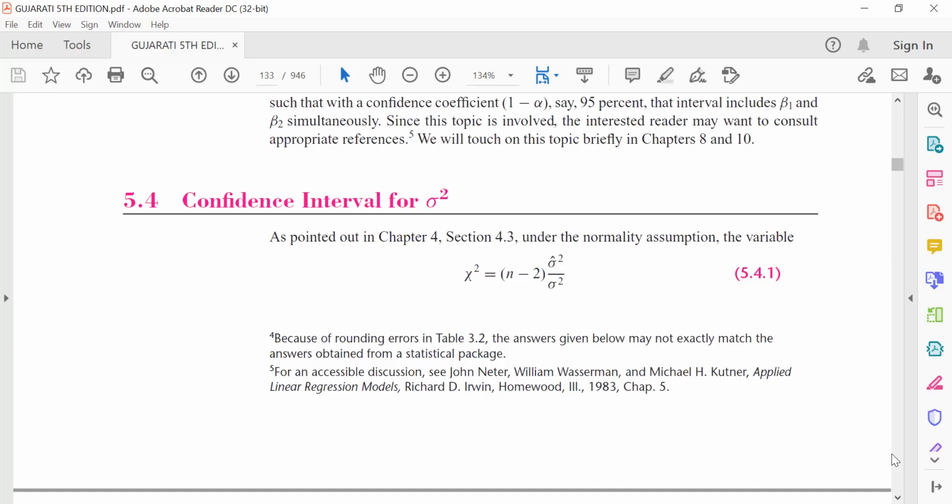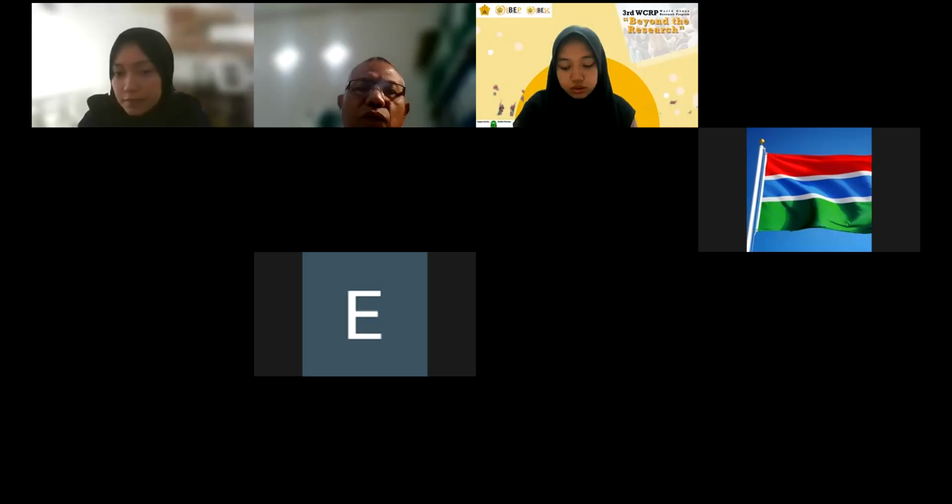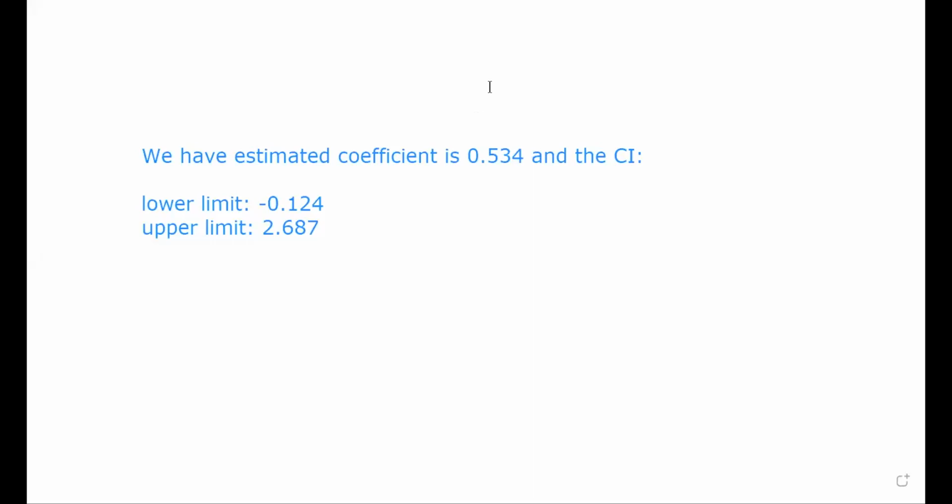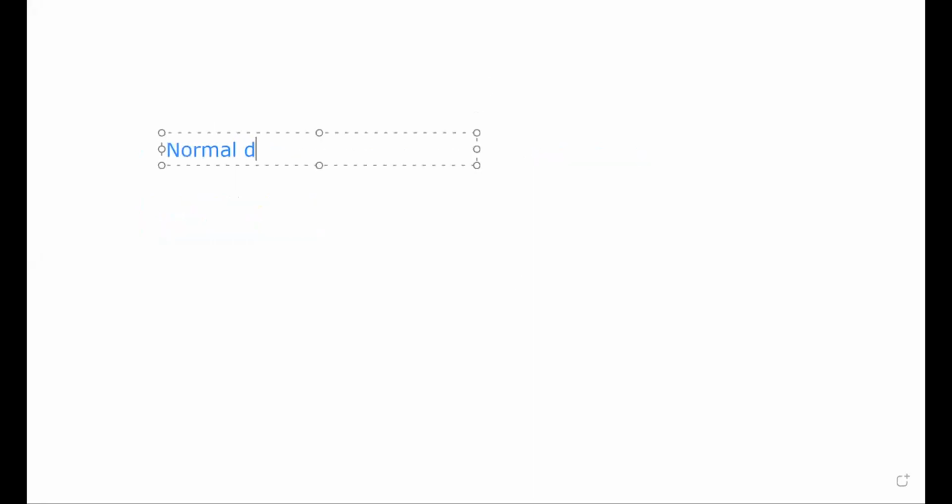Confidence interval for sigma square. As pointed out in chapter 4, section 4.3, under the normal assumptions, this variable follows a chi-square distribution. Actually, we have some distributions. Normal distributions, we use Z here.